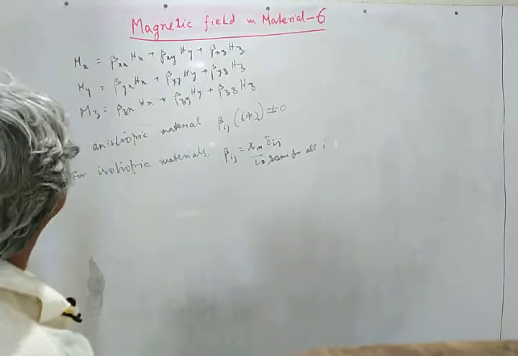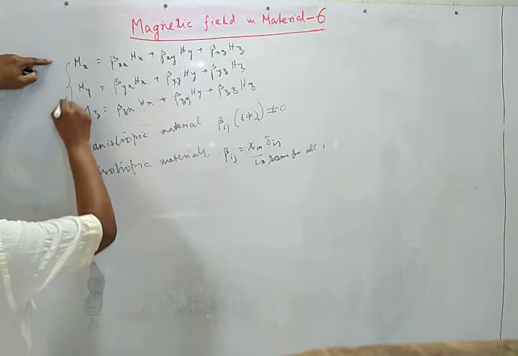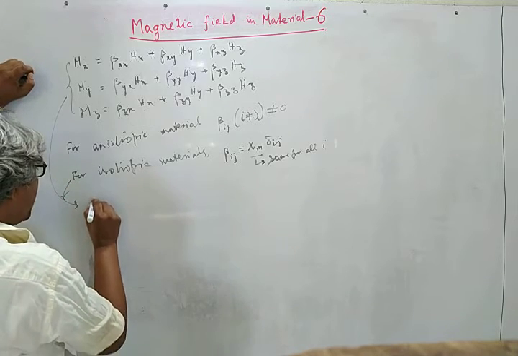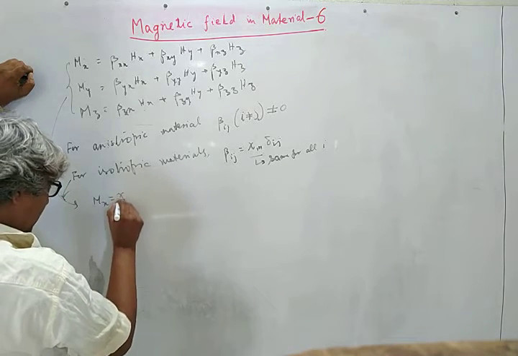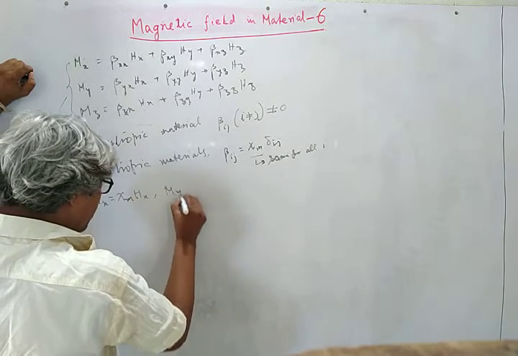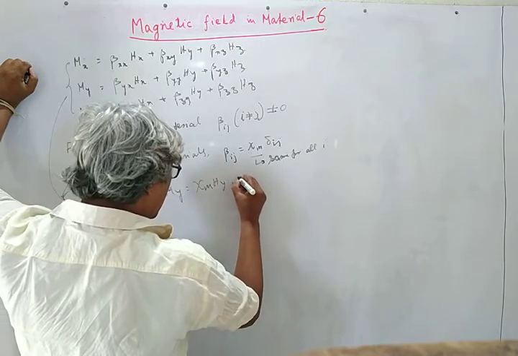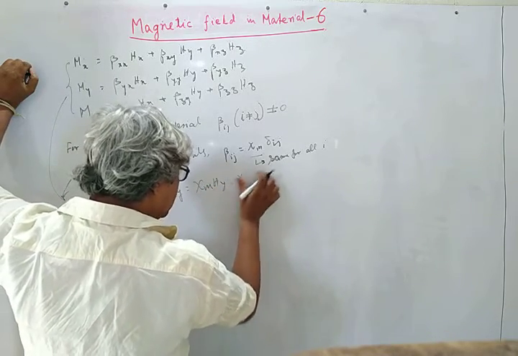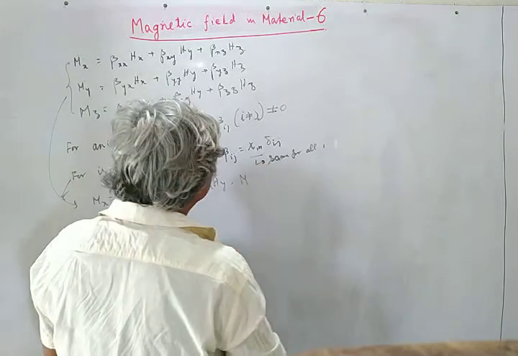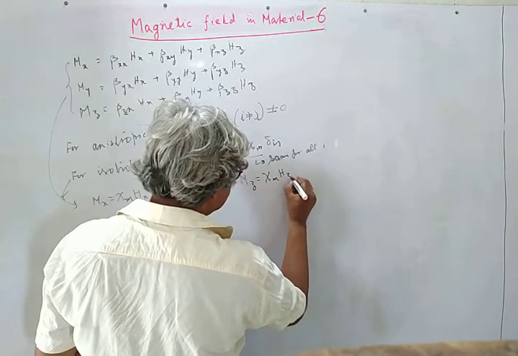In which case this relation becomes, for isotropic material, Mx is equal to chi_m Hx, My is equal to chi_m Hy, and Mz is equal to chi_m Hz.